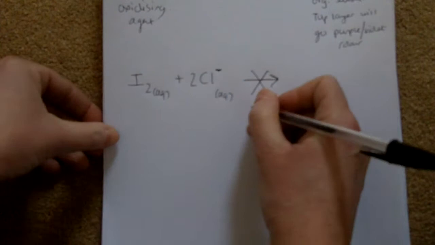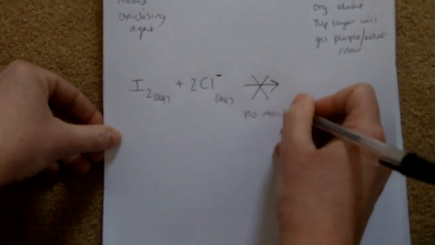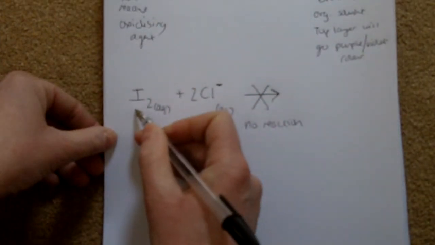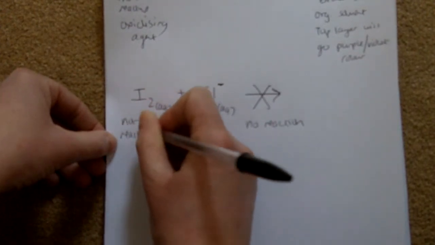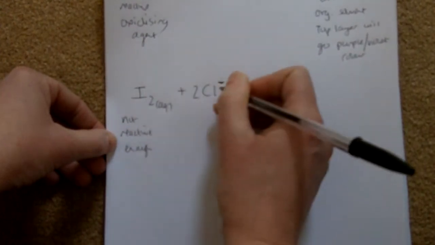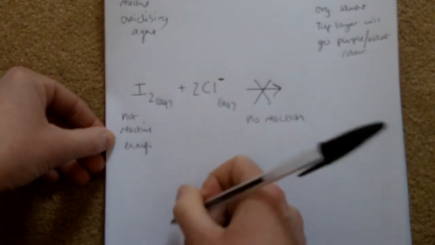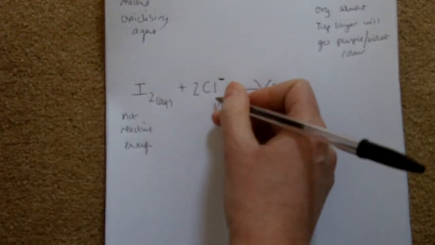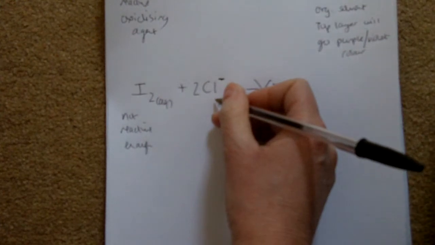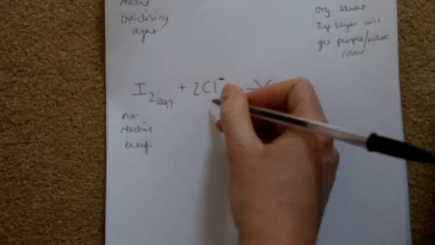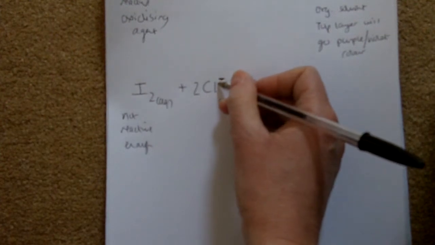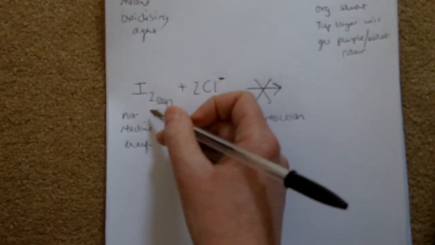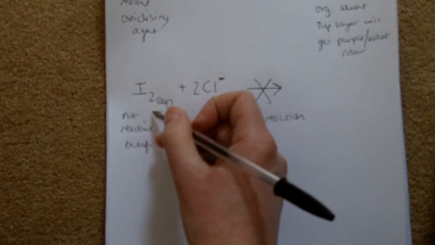There's no reaction because iodine is not reactive enough to remove the electron from the chloride. Chloride has a smaller radius, fewer shells, less shielding, and a strong nuclear attraction for this electron, and iodine is not reactive enough to remove it.